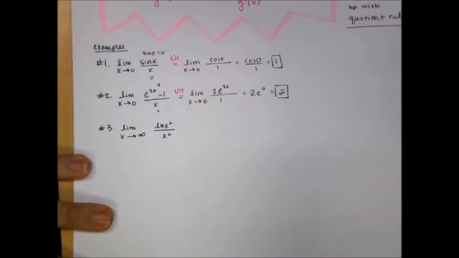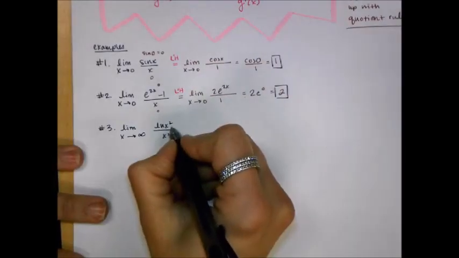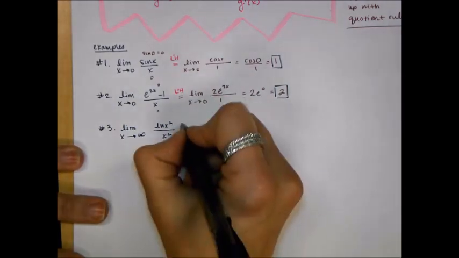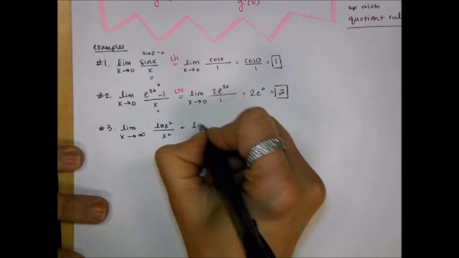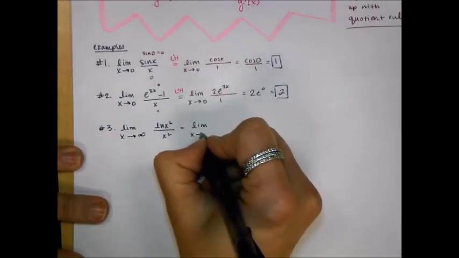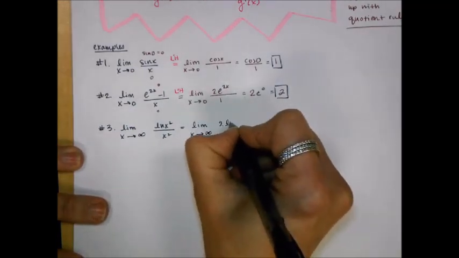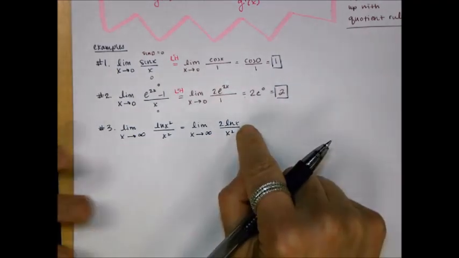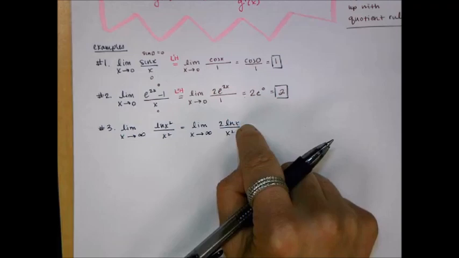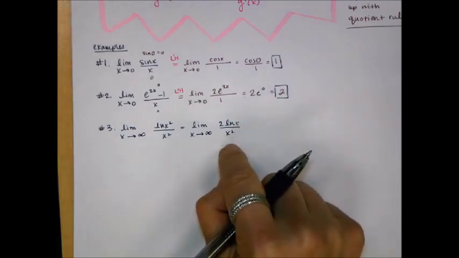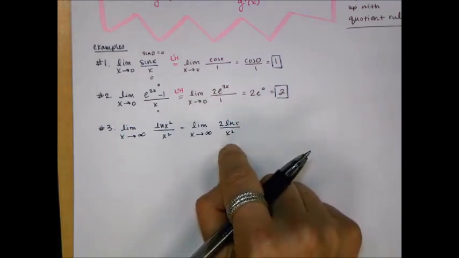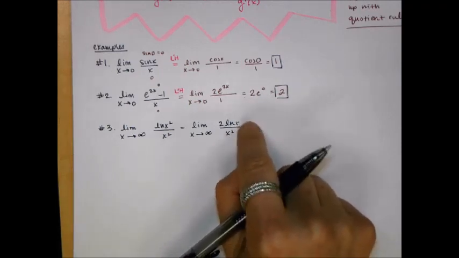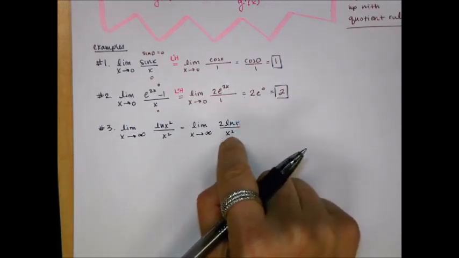Which one's faster? So you might consider rewriting ln x squared as 2 ln x over x squared. So remember how natural logs or logs grow very slowly while x squared is going to grow faster. And so my quadratic will always grow faster than a natural log function. And so this one should be bottom heavy with an answer of 0.